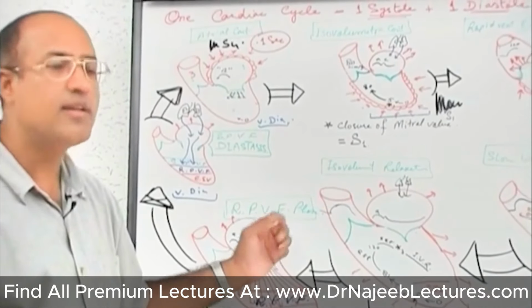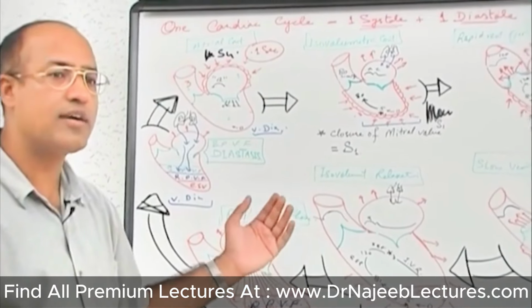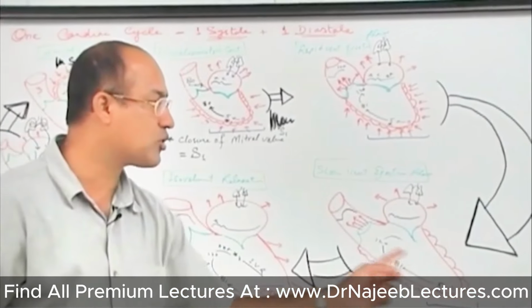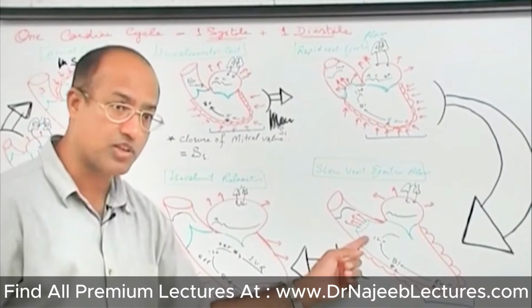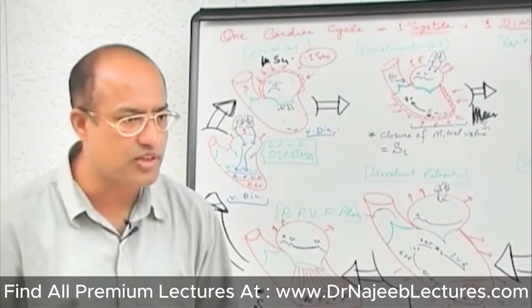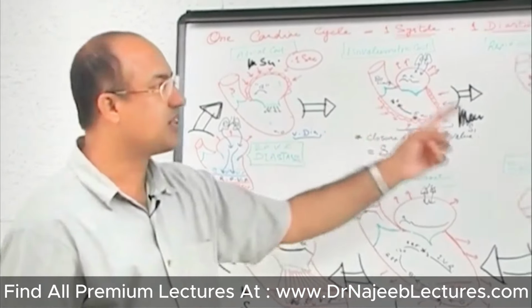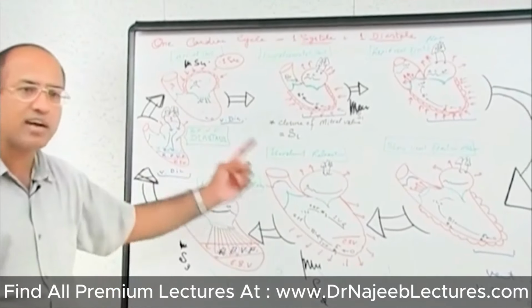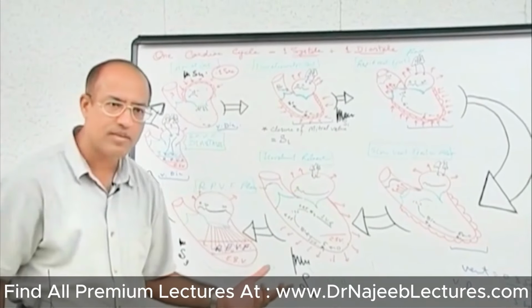In the same way, left ventricular pressure varies from 0 to 120, but right ventricular pressure varies from 0 to 25. Is that right? So the cardiac events on the right side of the heart are similar as on the left side of the heart. The only difference is pressures.